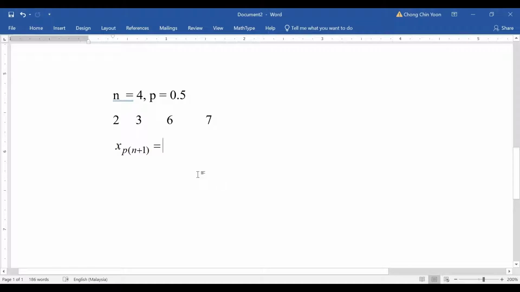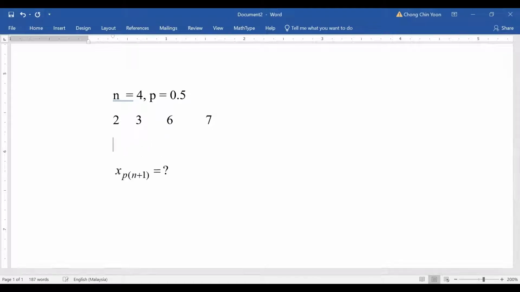So I want to know what is this result. You can see our p times n plus 1, which equals our p, 0.5, times n plus 1, that is your 4 plus 1. So that is 5 divided by 2, which is equal to 2.5.